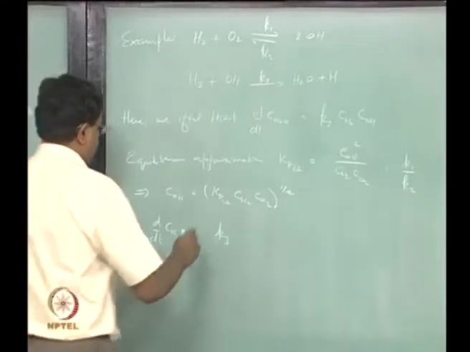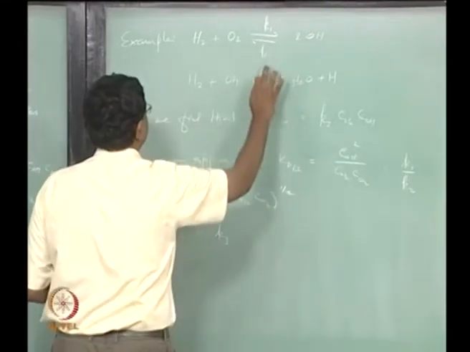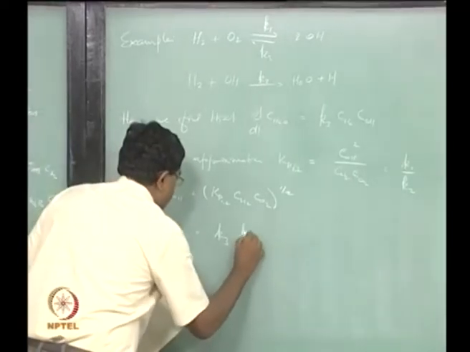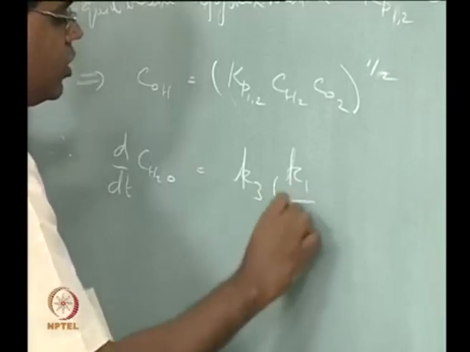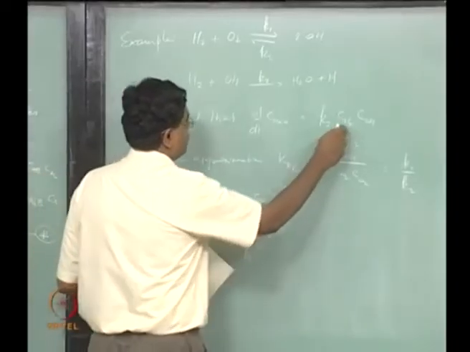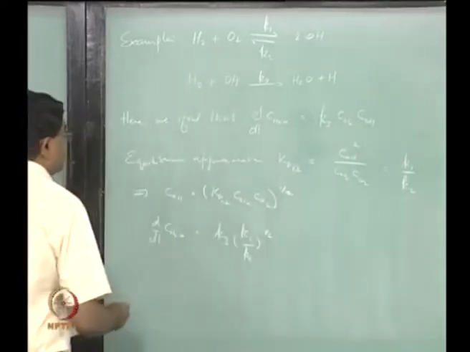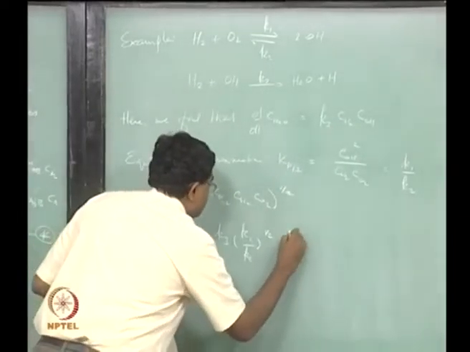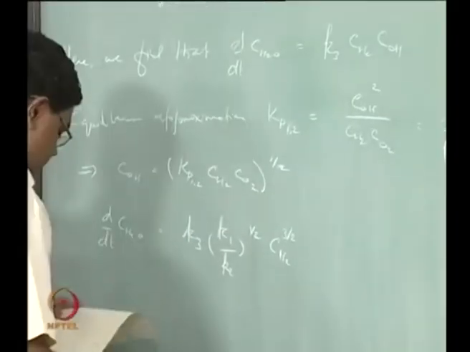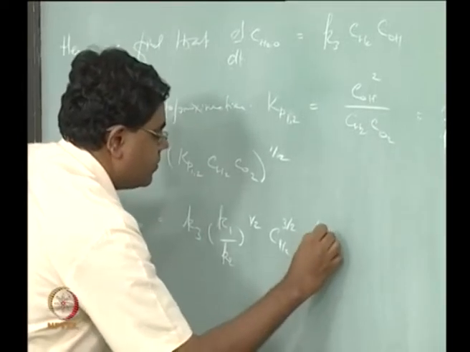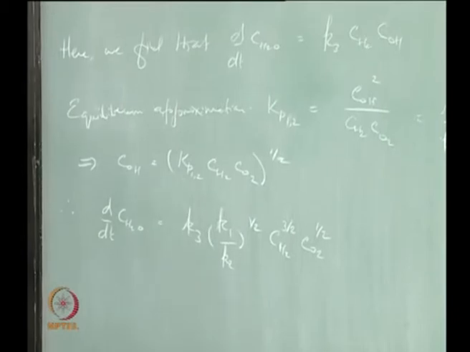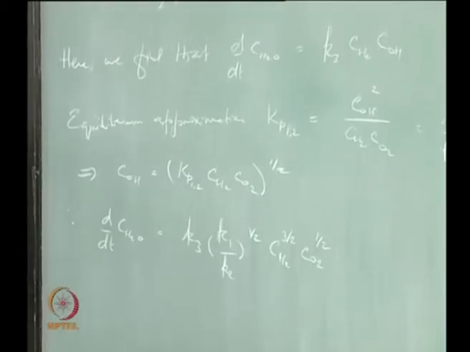Let's now get rid of Kp1,2 and use K1 and K2 because they are given information in the reaction scheme, and you can say this is K1 divided by K2 to the half, CH2 to the half goes with CH2 there, and so it's like CH2 to the 3 halves and CO2 to the half remains, so you have CO2 to the half, right. So that's the final answer.